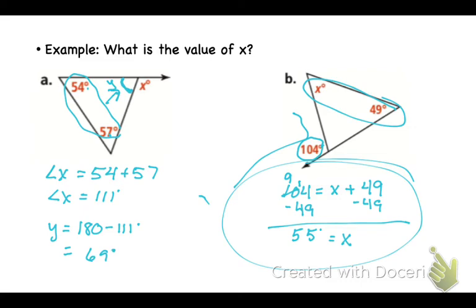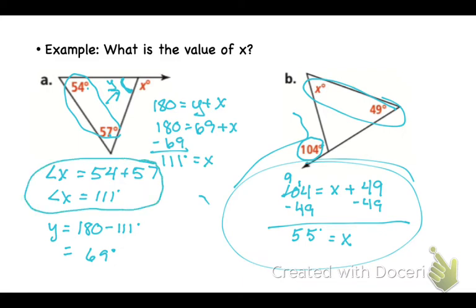And if I wanted x from that, it would be 180 equals y plus x, and y was 69 plus x, subtract 69, and you get 111. Wasn't it easier just to use my rule right here? Now does that make sense why it works? Sometimes our brain needs convincing. If you guys need more convincing, ask for it.